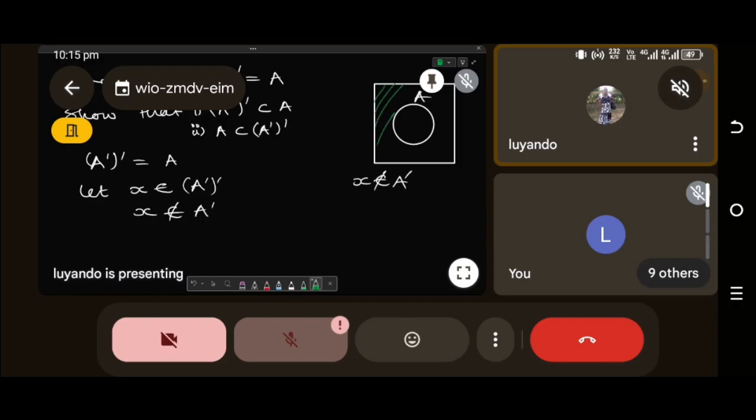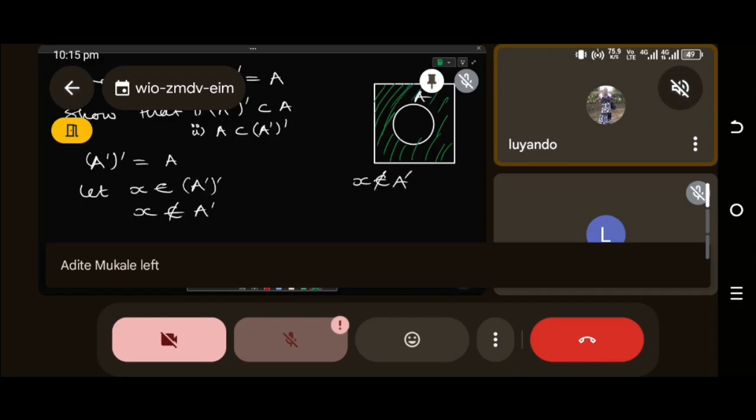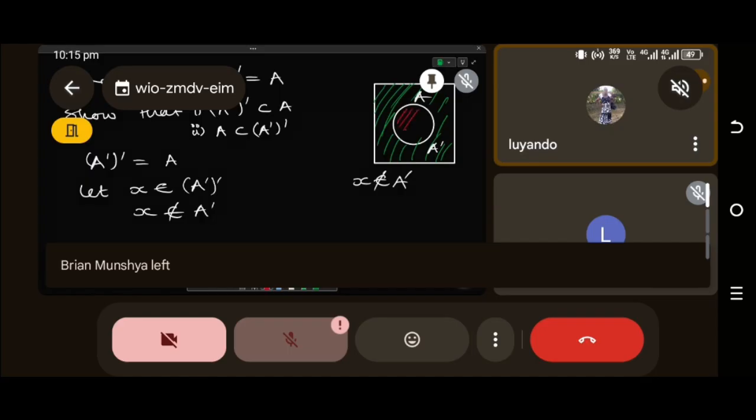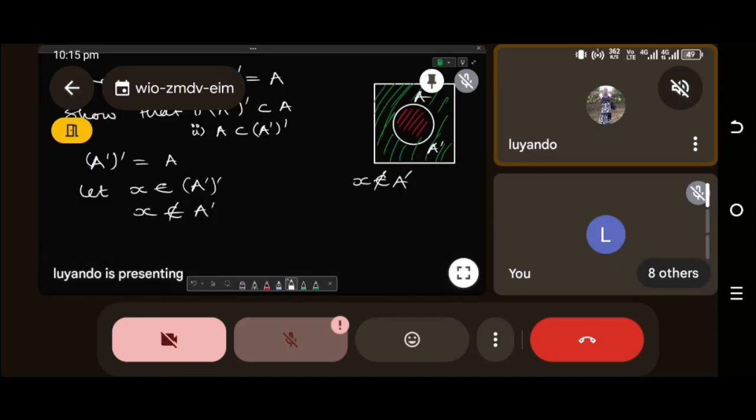A complement is outside this. Okay, so what we're saying is this is A complement. If X is not part of the outside, the outside shaded region, then it means that X must be part of what? X must be part of A. What is inside?